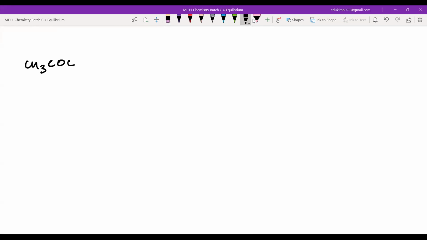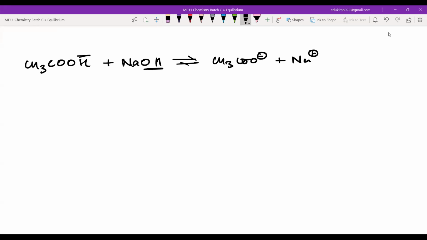CH3COOH plus NaOH. So what can I write? CH3COO negative, right? Because H plus will be liberated. This is acid plus Na positive, and from here OH negative and H positive will form H2O. Then these two will combine, and you can write this as CH3COO negative and Na positive. It is as we have written HCl.